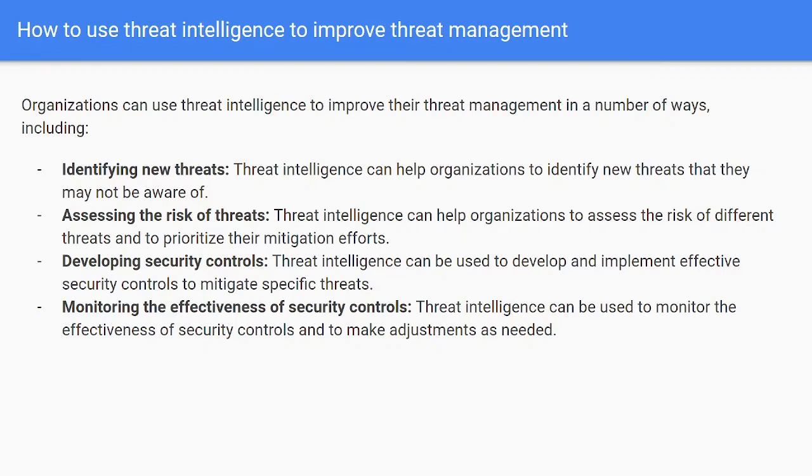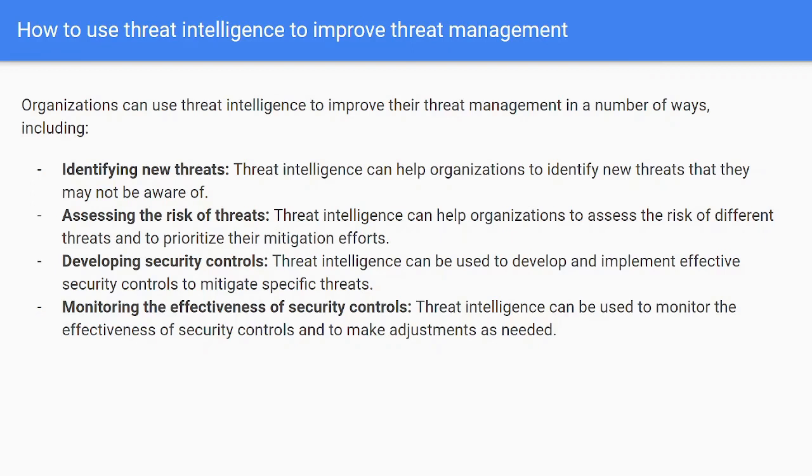You get it? So you will have to sit down and assess, okay, this threat, what is the risk based on my organization? Then, developing security controls. Once you've identified your threat and assessed the risk for your organization, you develop a security control for it. How do you mitigate it? How do you ensure that this doesn't happen?